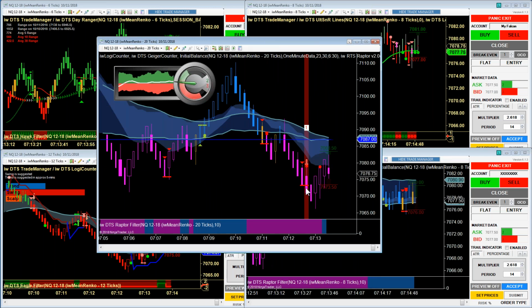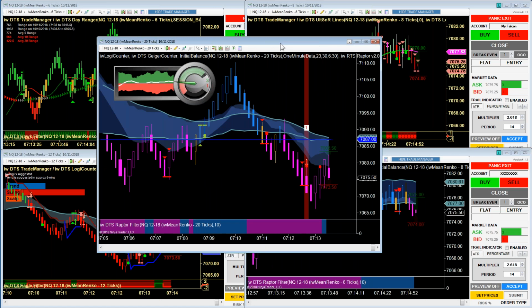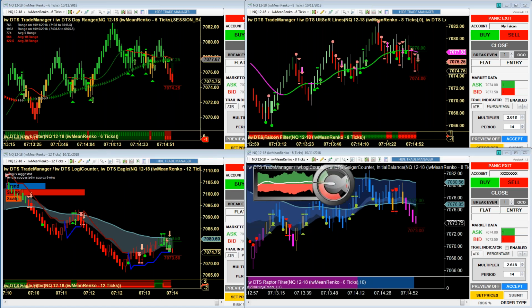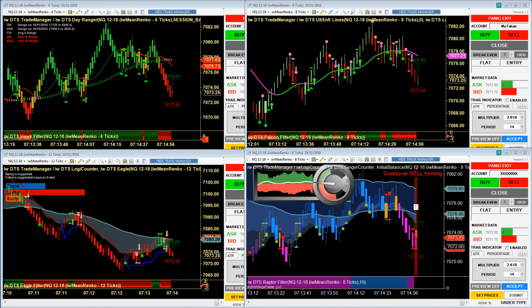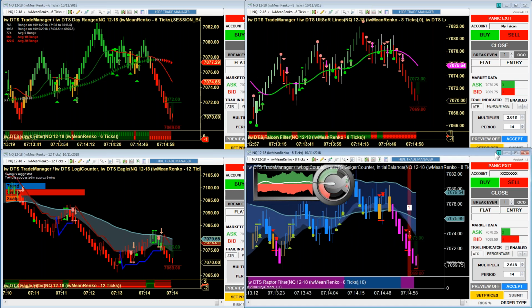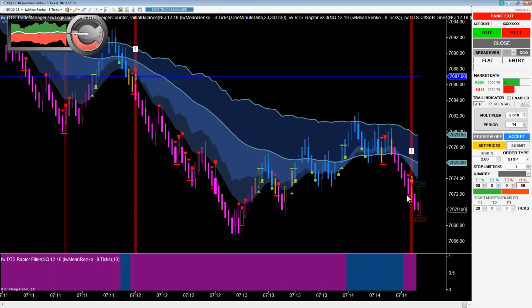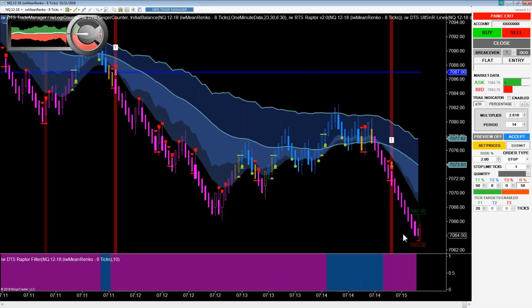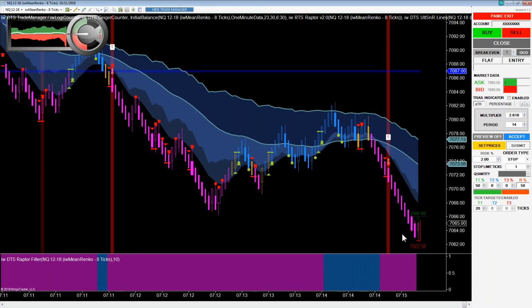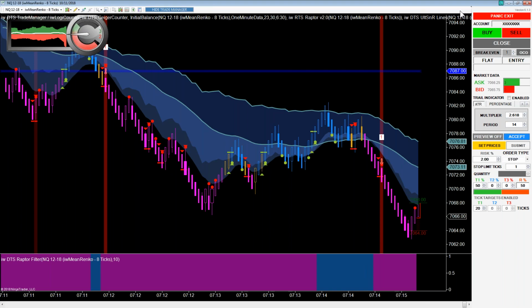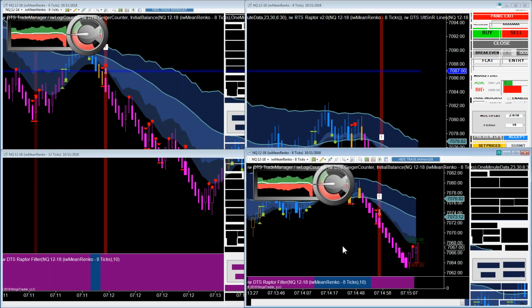According to the bird's eye view, if you pardon the pun, we would be more inclined for a short opportunity. So here we just printed the number one signal. Doggone it if that one doesn't run away on me. Brutal. Just brutal here this morning.